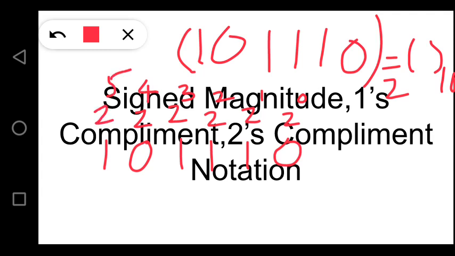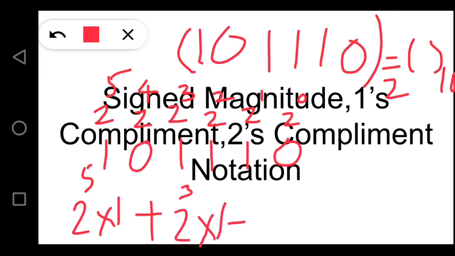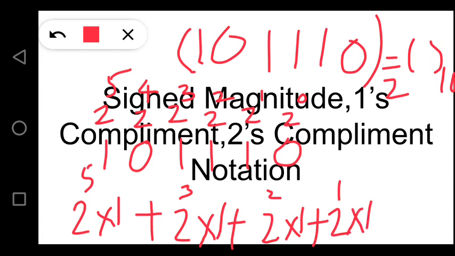2 power 5 is 32, so 2 power 5 into 1. Next 2 power 4 into 0, anyway it would be 0, any number multiplied with 0. Next 2 power 3 multiplied by 1 plus 2 power 2 multiplied by 1 plus 2 power 1 multiplied by 1 plus, you need not calculate.